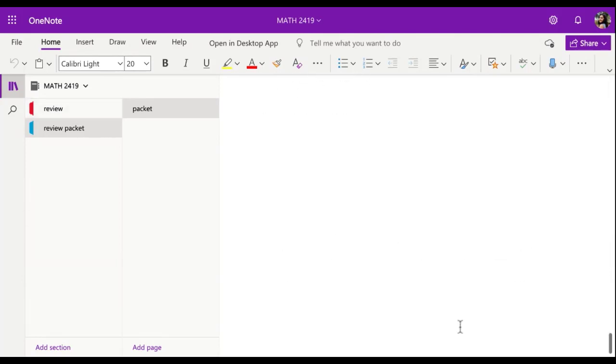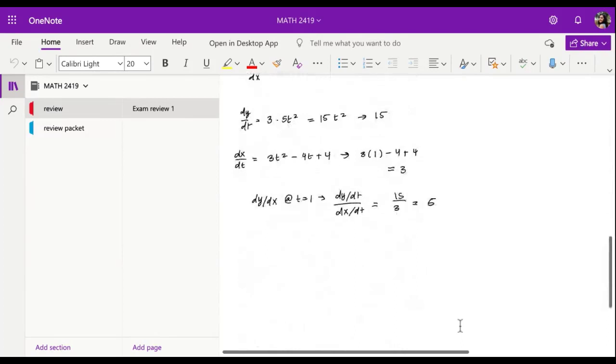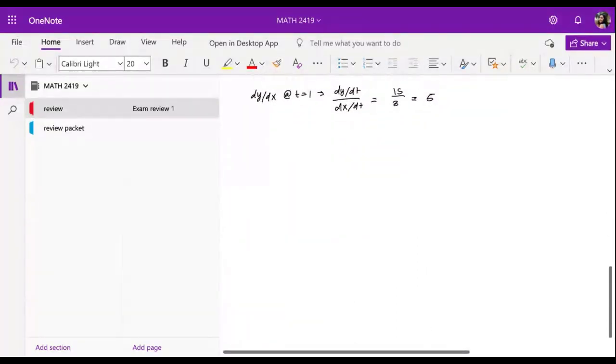So back to our sheet here. In order to find the second derivative, the equation is going to be d squared y over dx squared equals the derivative with respect to t of dy dx, over dx dt.